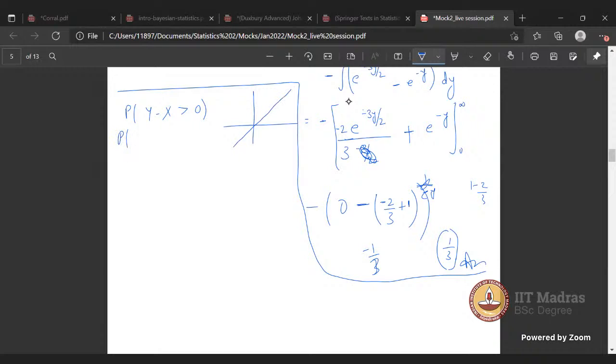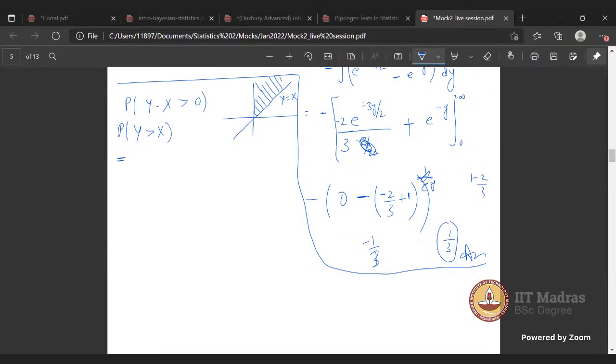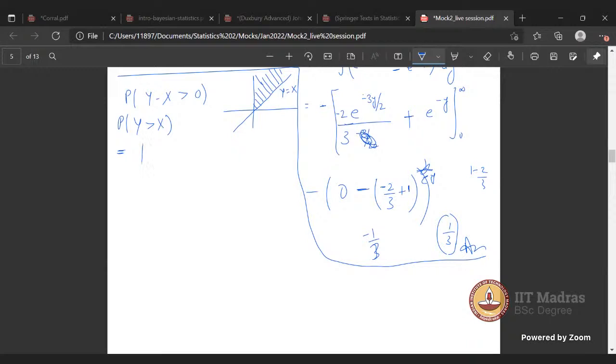So this we can write as y is greater than x, and this line is y equals x, and this is my region y greater than x. Now I want to integrate this. So if I want to find this probability, y greater than x is one event, and I want to find this probability, that is fx of y. You want me to first integrate with respect to y, so I will do it.